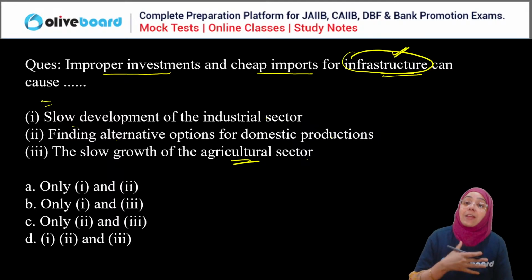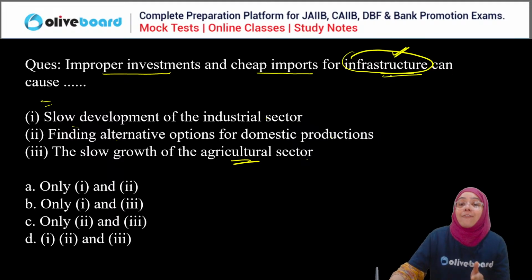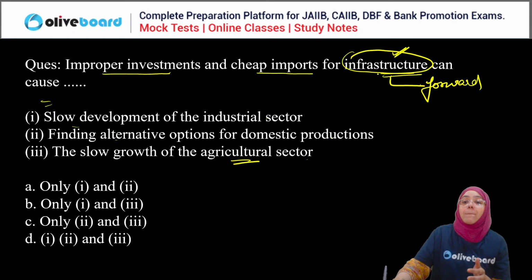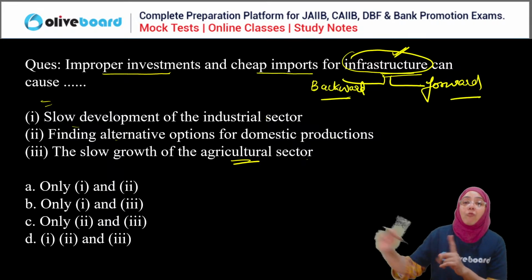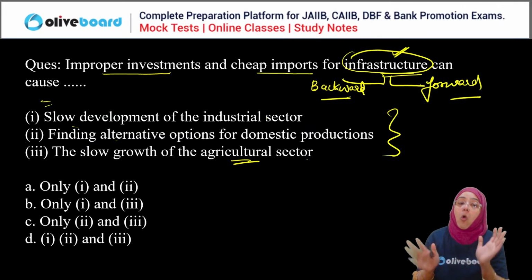Infrastructure affects everything completely. I have told you, it has an impact on forward linkage and on backward linkage also. The linkage is both forward and backward. So they actually lead to all of these.